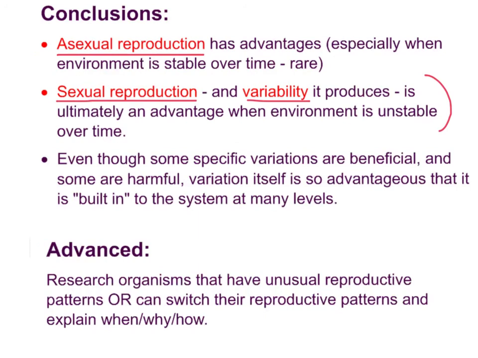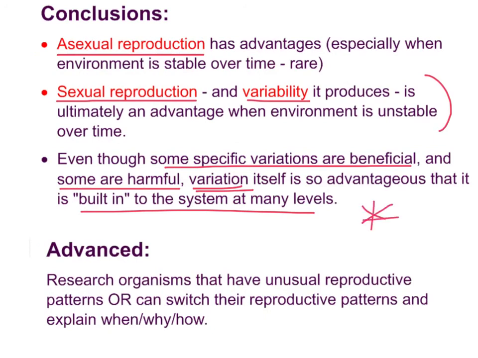Even though some specific variations are beneficial and some are harmful, not all mutations are beneficial, certainly, and some variations are not advantageous, the variation itself is so advantageous that it ends up being built into the system at many levels, and it is what is chosen and selected we see in nature all the time. So even given the difficulties and hardships of sexual reproduction, it is preferred because of the variation.